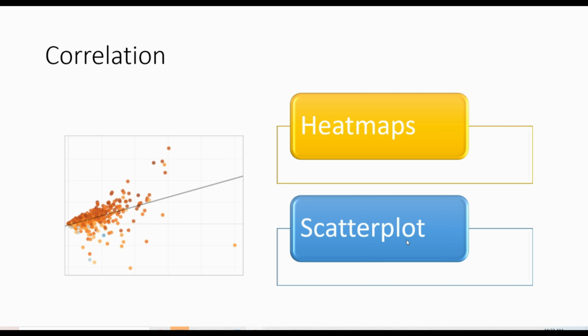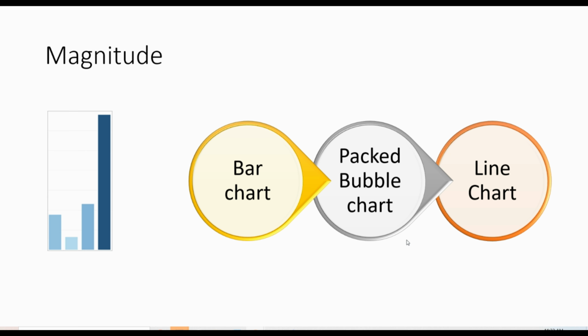If you want to show the correlation between two different variables, like two attributes, you have to use either a heat map or the scatter plot, so you can find which is an outlier and which is properly correlated. The next one is the magnitude chart. If you can show it with a bar chart, a magnitude chart shows what happened in the previous quarter and what is happening in the current quarter, or you can compare with a few companies, your competitors.